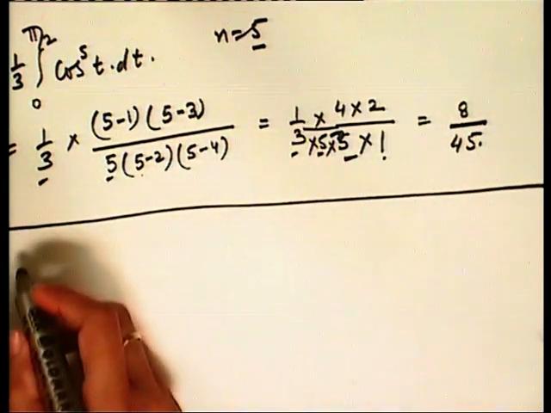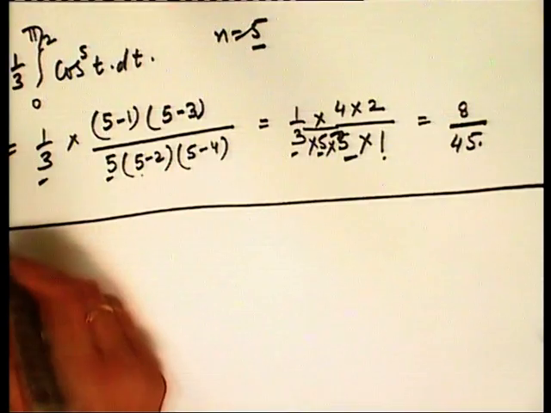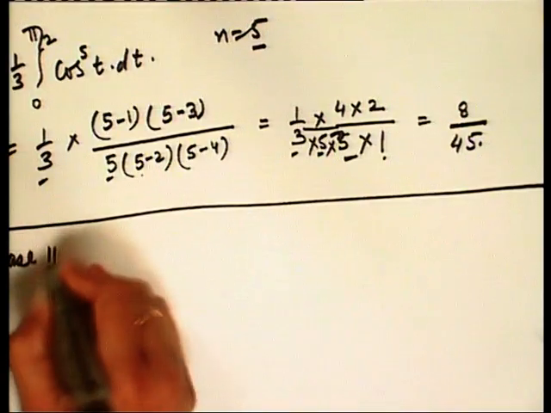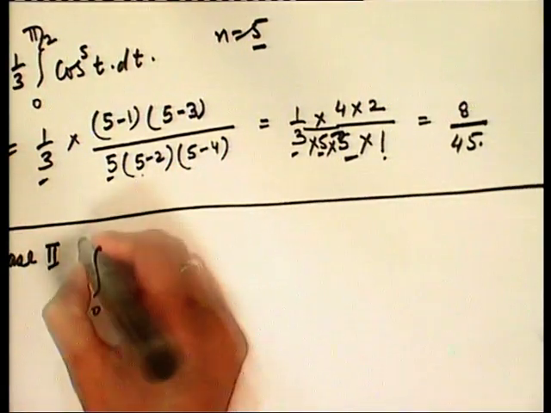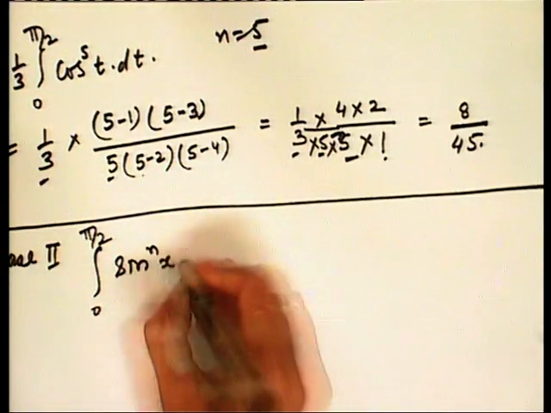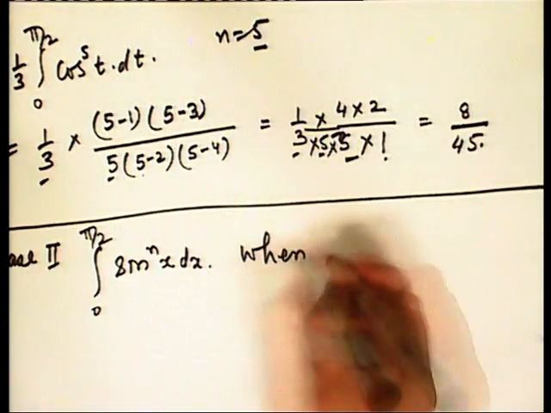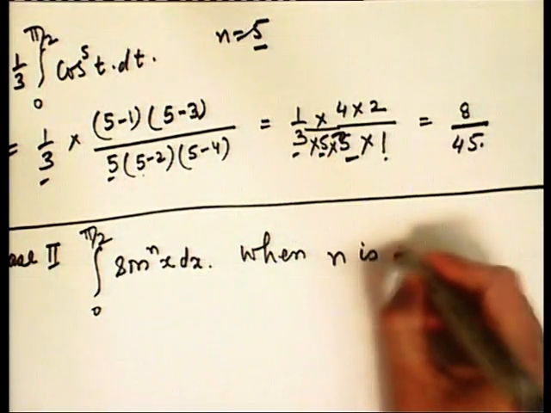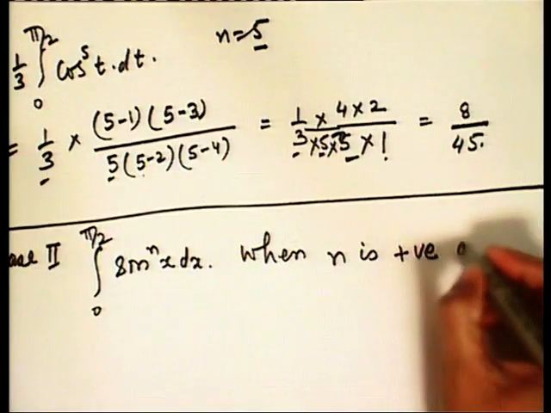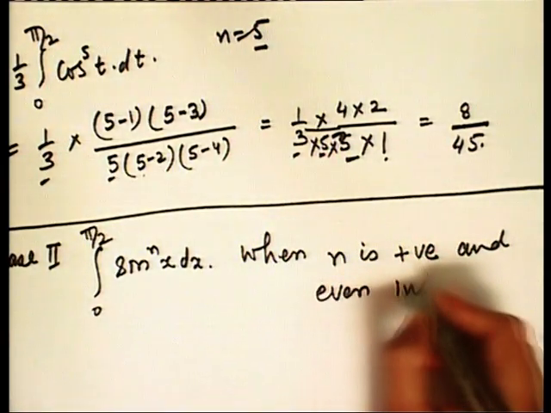Now if n is an even number, then what will be the formulas? Case 2 for sin nx dx when n is a positive and even integer.